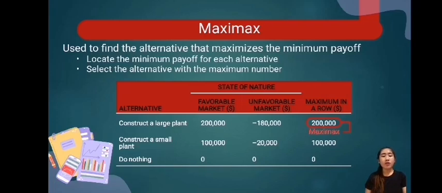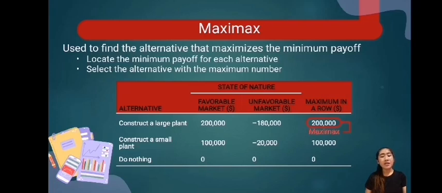it is used to find the alternative that maximizes the maximum payoff. First, you locate the maximum payoff for each alternative and then pick the alternative with the maximum number. So in Maximax, we determine the best possible payoff.